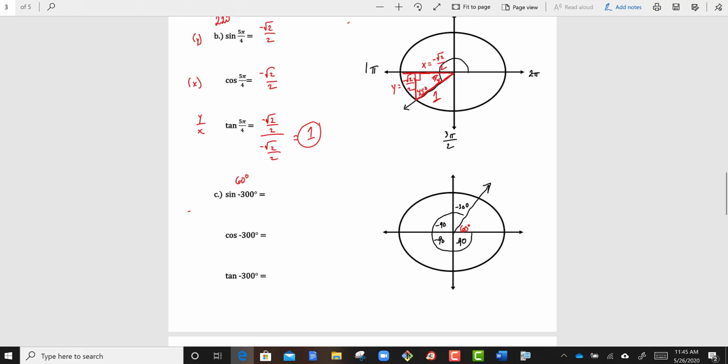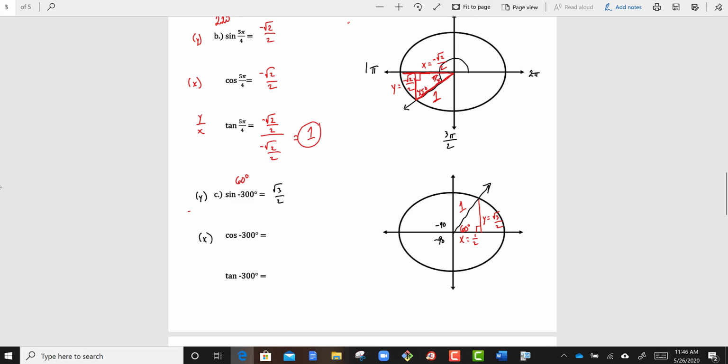And this is where knowing your coterminal angles makes this a lot easier. So I encourage you, pause the video and see if you can do the rest of this problem on your own. So again, this is the hard part, filling in using your special right triangles. Now, to find the sine of negative 300, all you have to do is look at the y coordinate, which is radical 3 over 2.